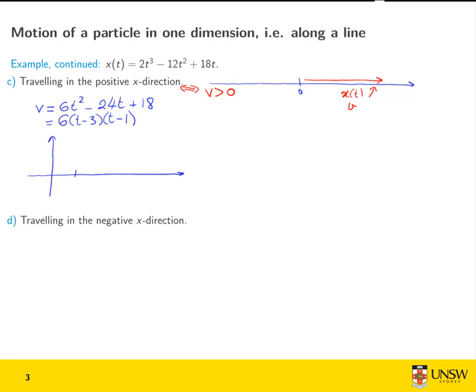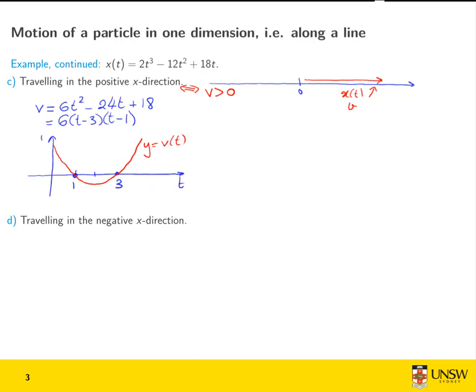Thanks to this second expression, we can get the t-intercepts, which are going to be 1 and 3. With that, we can sketch velocity because we know it's a parabola opening up. So it will look like this. That's the graph of y equal to velocity in terms of t.